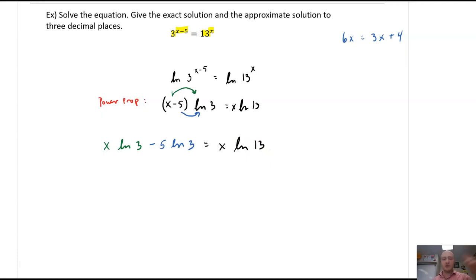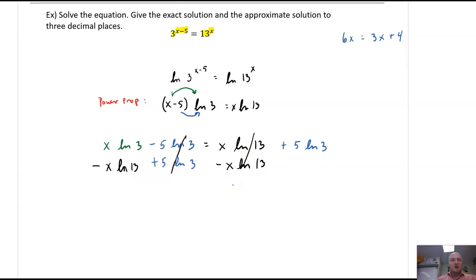So, okay, I'm going to move numbers over to one side, variables over to the other. So I will end up adding 5 natural log of 3 to this side, 5 natural log of 3, and I'm going to end up subtracting x natural log of 13 from this side. So minus x natural log of 13.